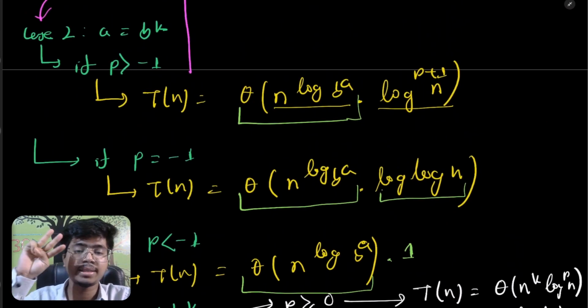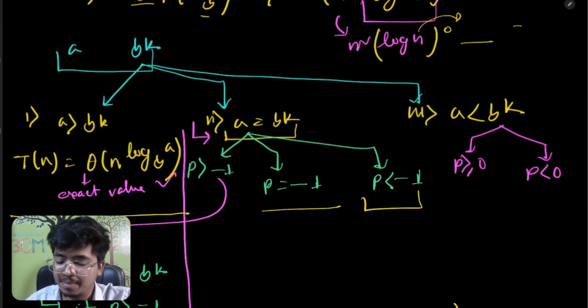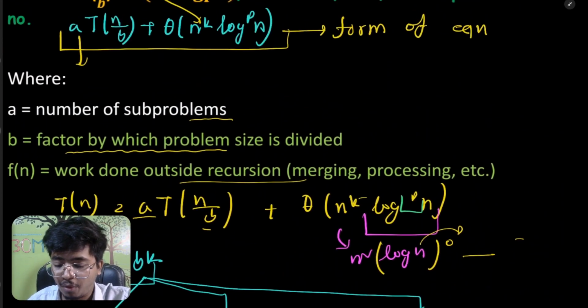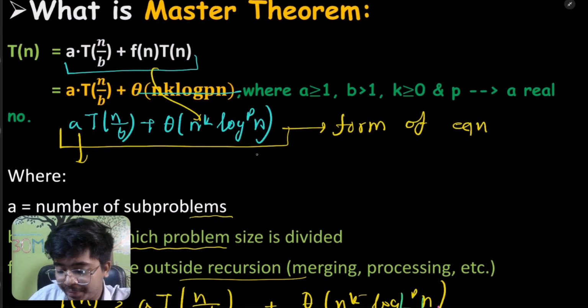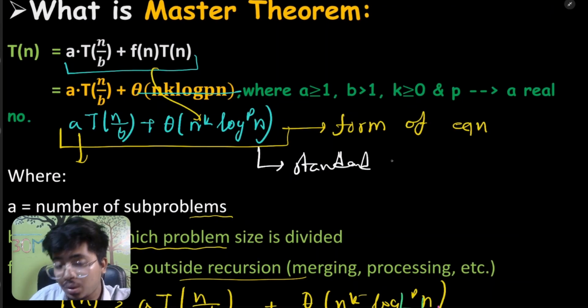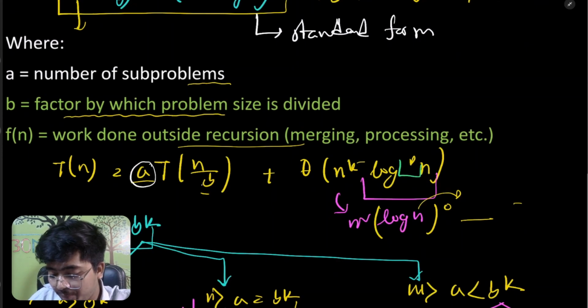First, in the master theorem, we check if our recursion equation matches with the master's standard form. If it matches our standard form, then we will be checking the conditions of the values a and b to the power k.